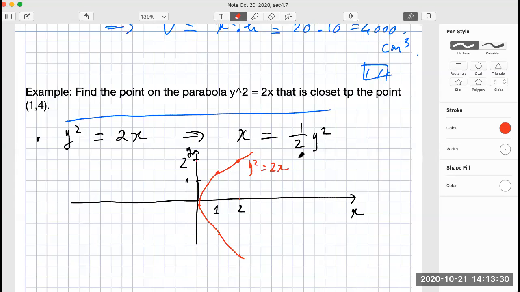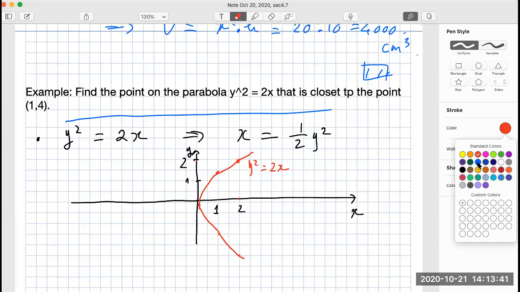We substitute some value of x and y, and we can draw the graph here. Okay, and the point 1, 4 should be this point here.